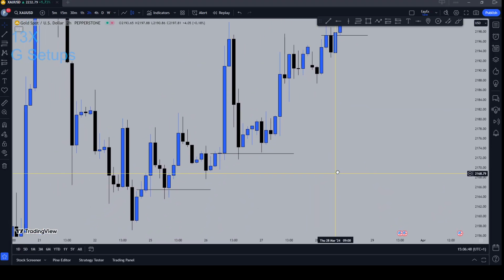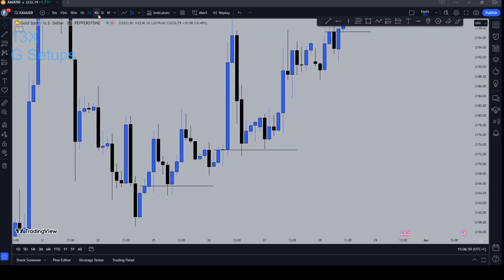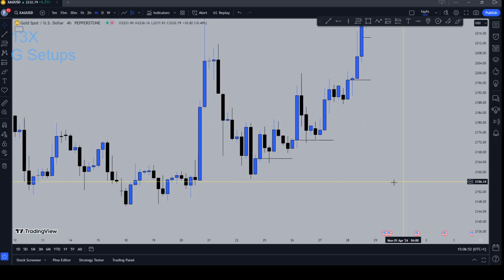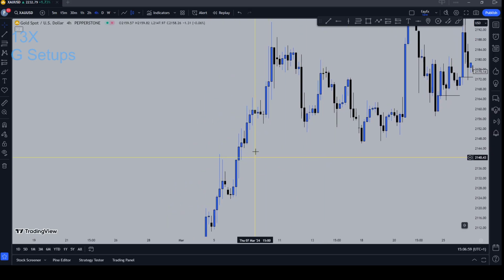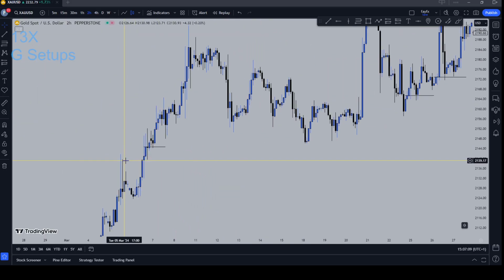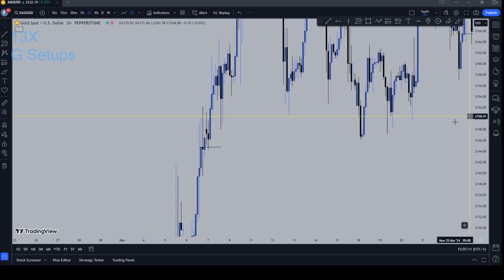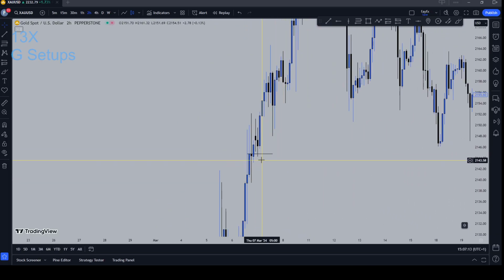Let's find more examples. I remember I took this one. We have a gap on H4, and when we go one time frame lower, what are we going to find? We are going to find a direct breakout. A level got formed and broken at the same time.